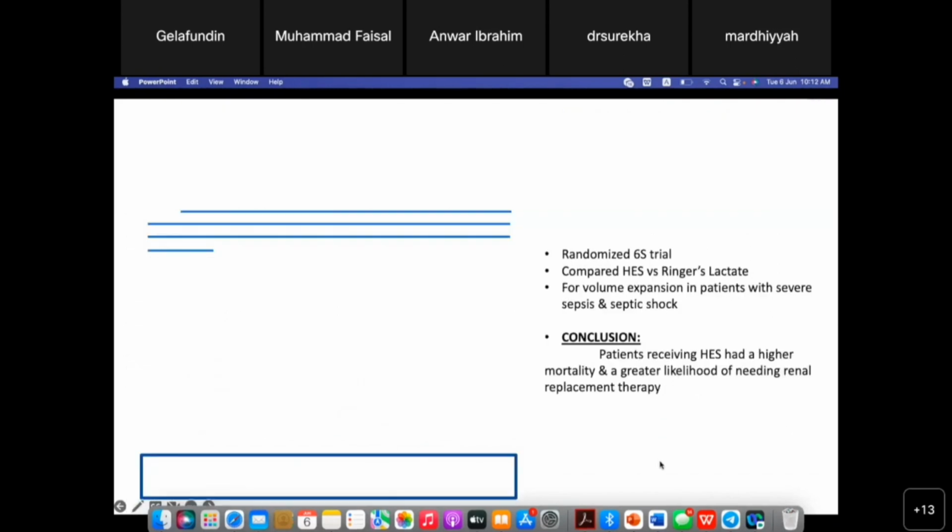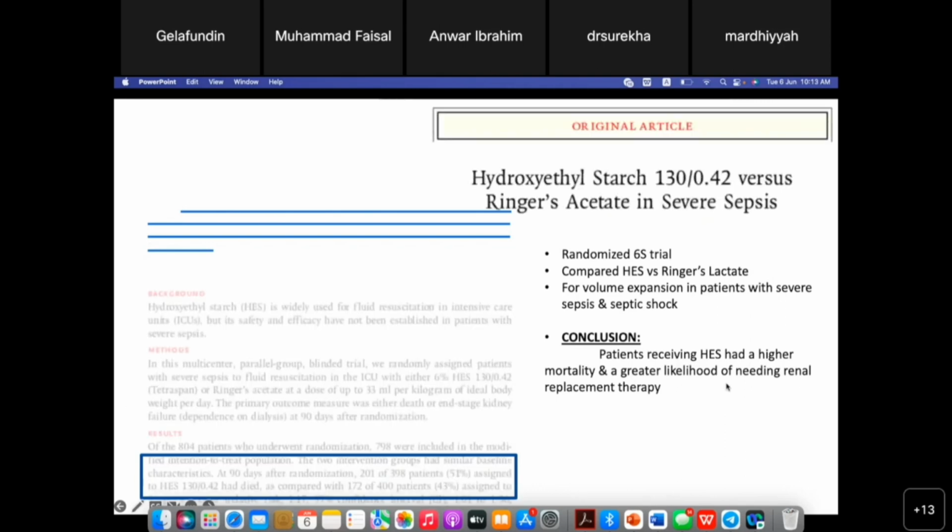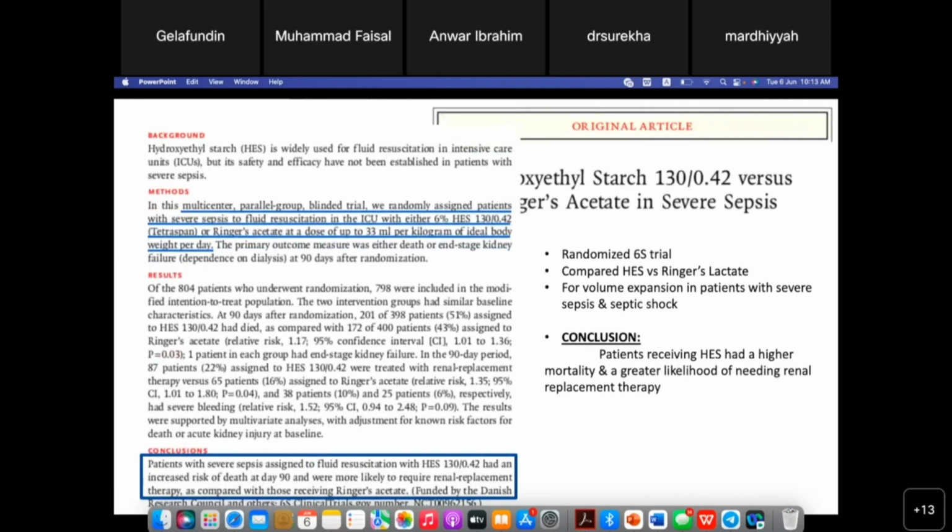And then another one compared HES also with Ringer's lactate for volume expansion in patients with severe sepsis or septic shock. Again, HES had higher mortality and greater likelihood of needing RRT. So that's why it is not suggested to use HES, we have to avoid using HES.